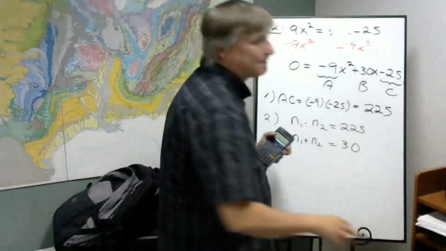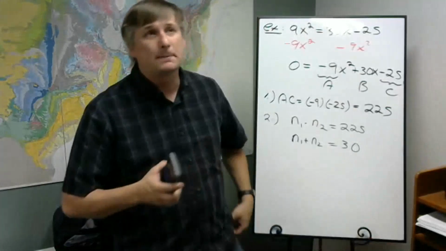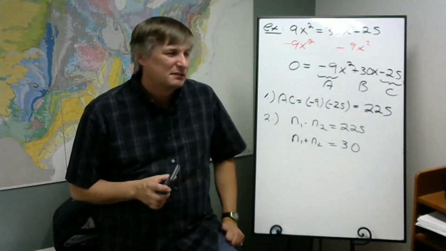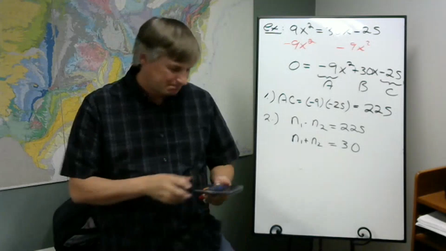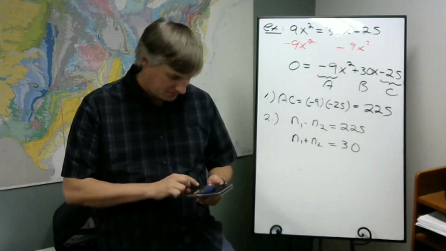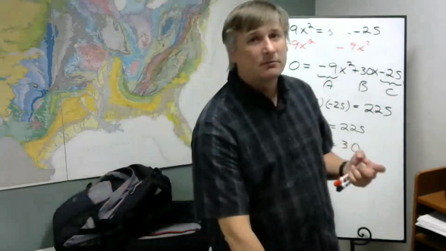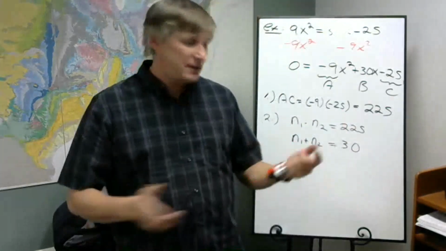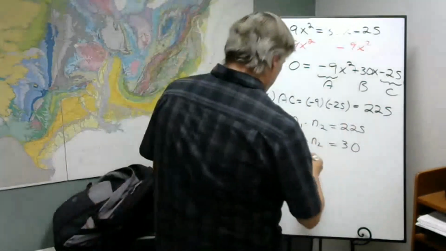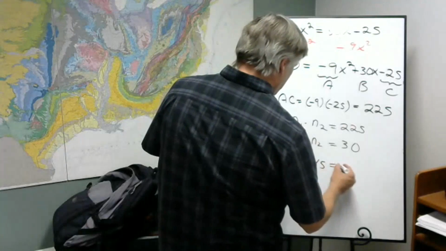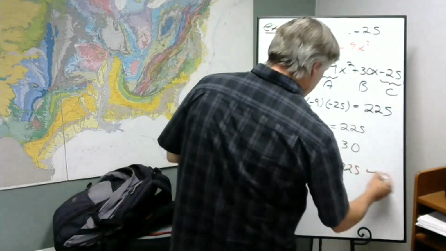I'm going to try. I don't think 10 will do it. 11, probably not. Let's try 15. Ooh. 225 divided by 15 is 15. So check this out. That means 15 times 15 is 225.